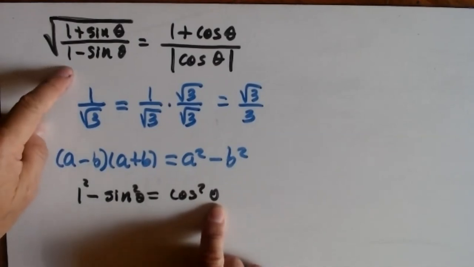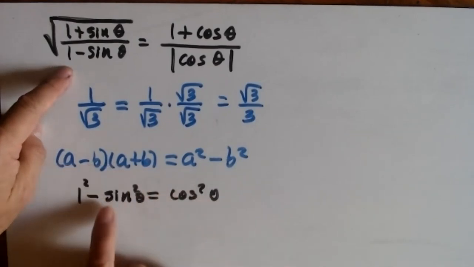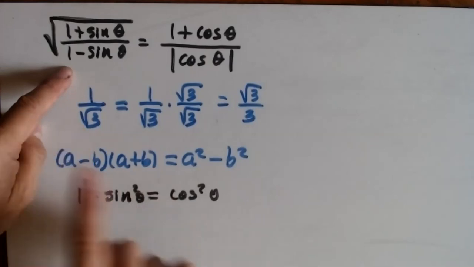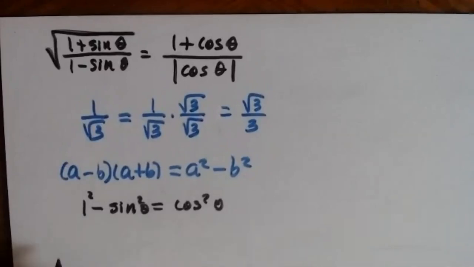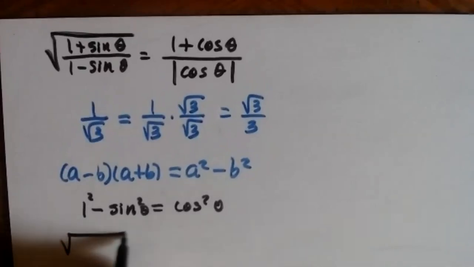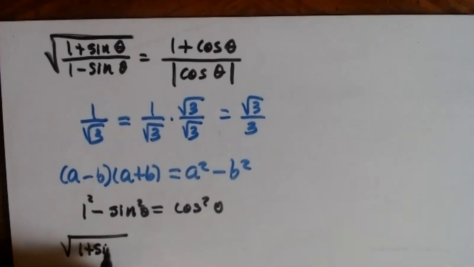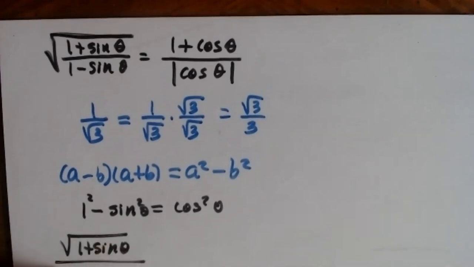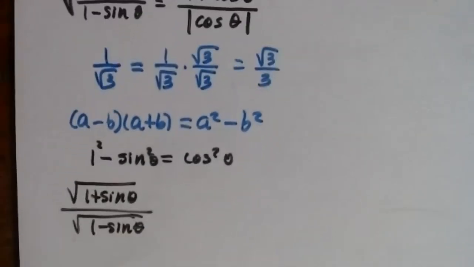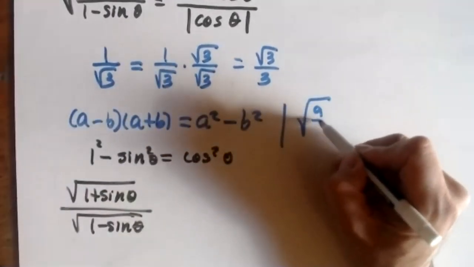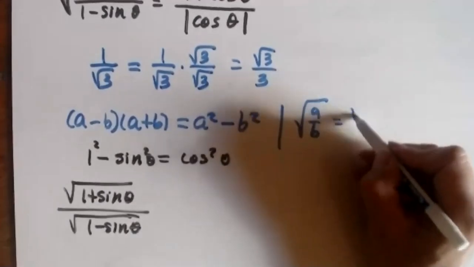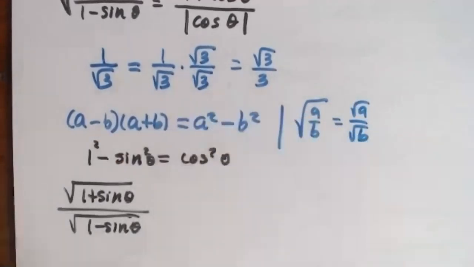So I'm going to multiply by this expression to get something like this and simplify the square root. So this is what is going to happen. I'm going to have the square root of 1 plus sine theta over the square root of 1 minus sine theta. Why can I do this? Because I forgot to do this one with you: the square root of a over b is the square root of a over the square root of b.